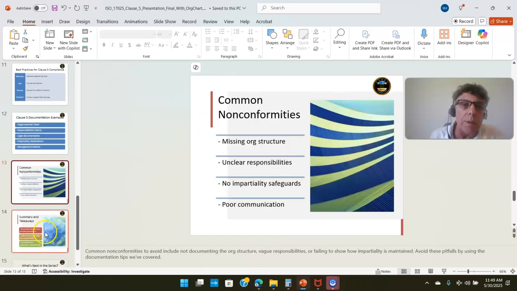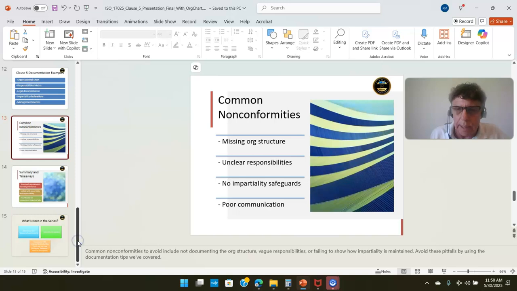Common nonconformities within Clause 5 are missing an organizational structure, having unclear responsibilities, no impartiality safeguards, and poor communication. These are some of the common nonconformities that auditors will give for Clause 5.